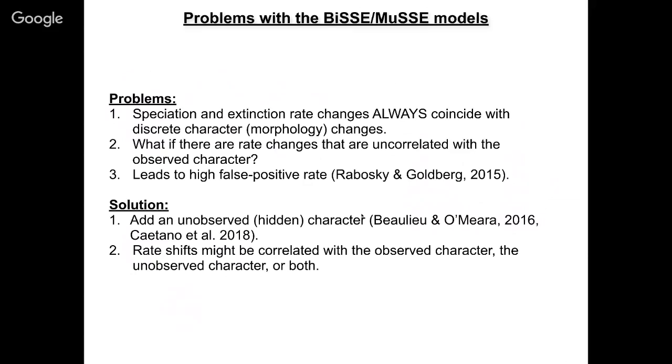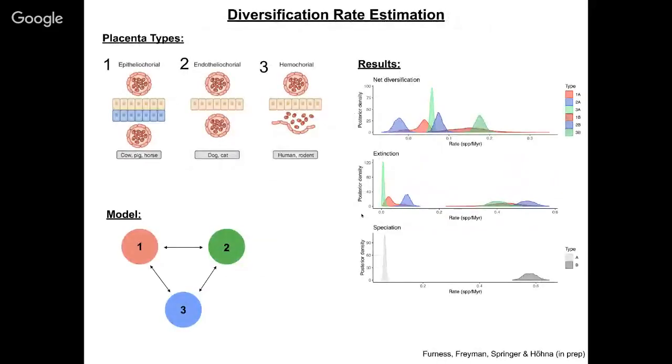So the solution was proposed by Jeremy Beaulieu and Brian O'Meara: to look at unobserved hidden characters, to add more characters to see what the background rate variation is, and then look at your focal character to see whether it is still associated with rate variation once you have taken the background rate variation into account. If we do that for this placental mammal example, we see that the net diversification rate is a little bit more complex if we allow for a fast and slow background rate variation.